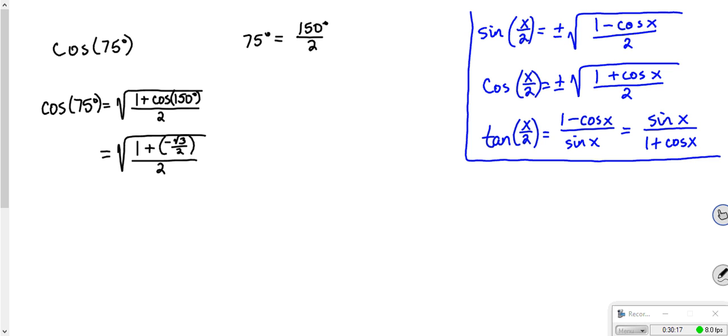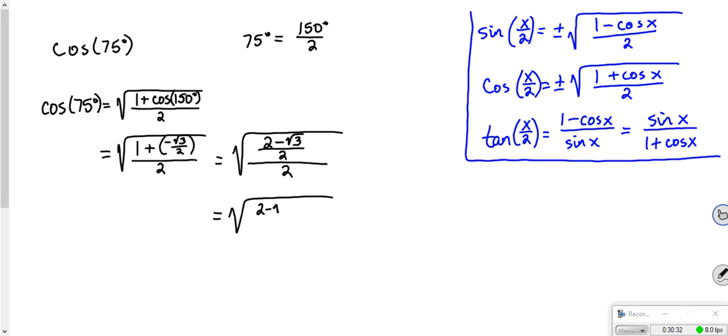So if we do a little manipulating here, this is 2 minus root 3 over 2, all divided by 2. Well, if we're dividing by 2, we're multiplying by 1/2, right? So this is 2 minus root 3 over 4, the square root of all of that.